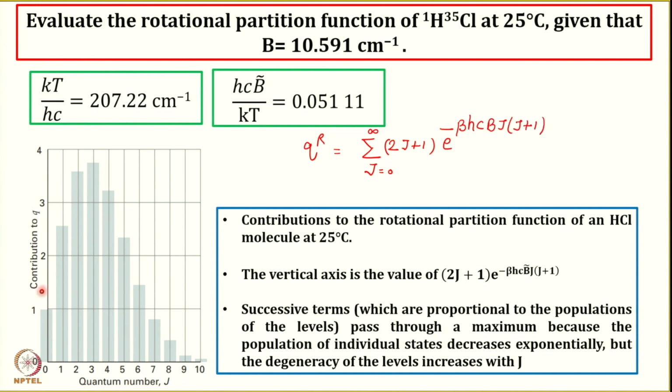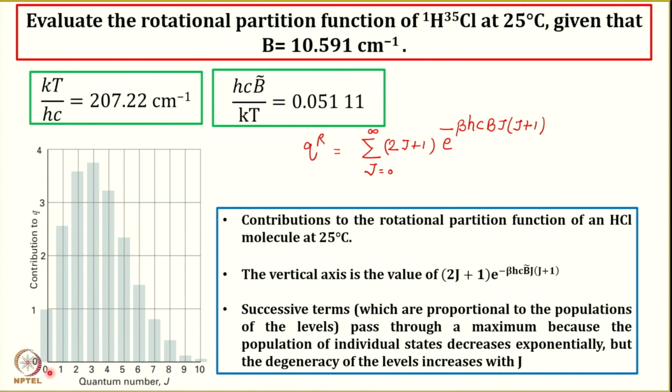The plot shown here represents the contribution to the rotational partition function for HCl. The y axis is the value of 2j plus 1 into exponential minus beta hcB j into j plus 1, for different values of j.